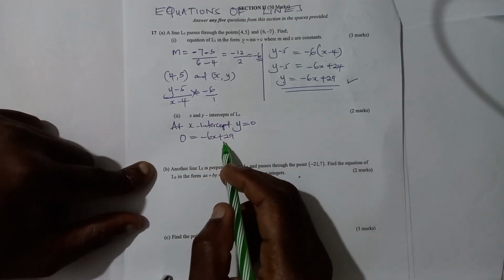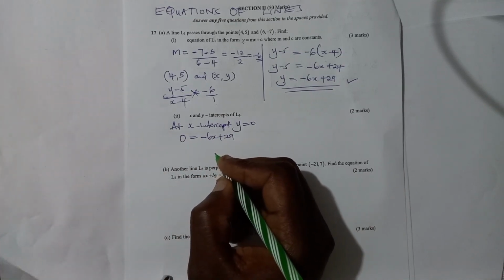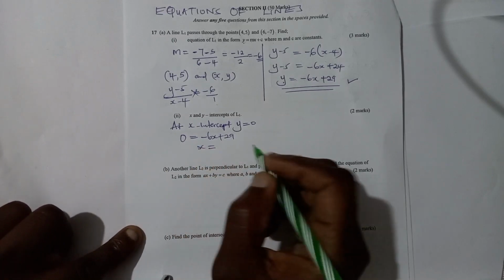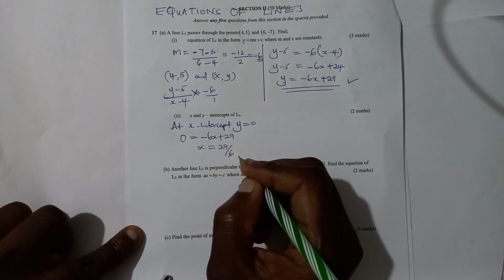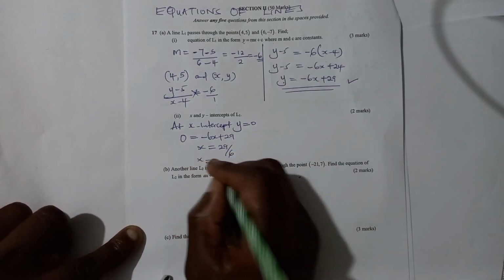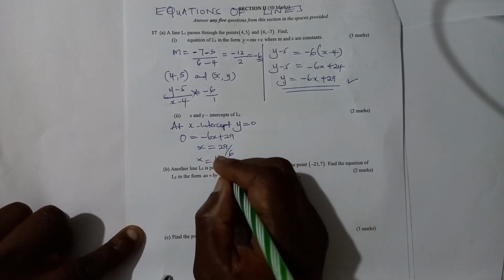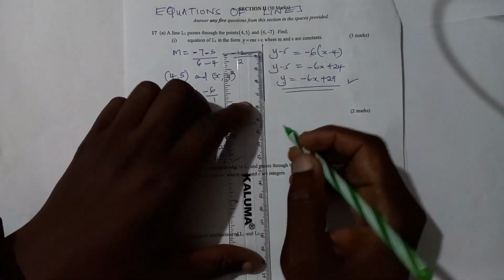So from here you can calculate x. x will simply be 29 divided by 6, which is 4 and 5/6. So that will be the x-intercept. What about the y-intercept?